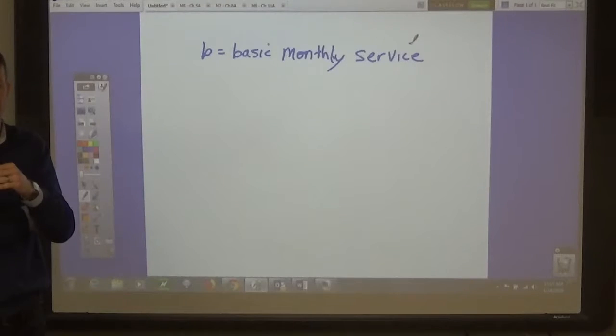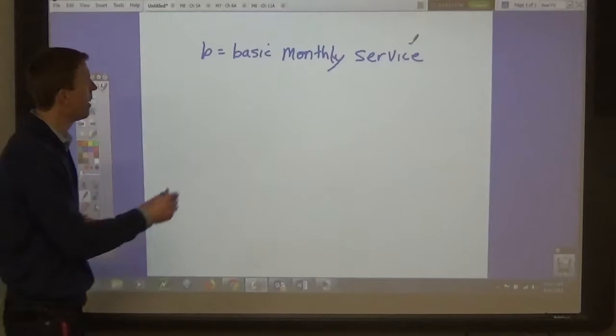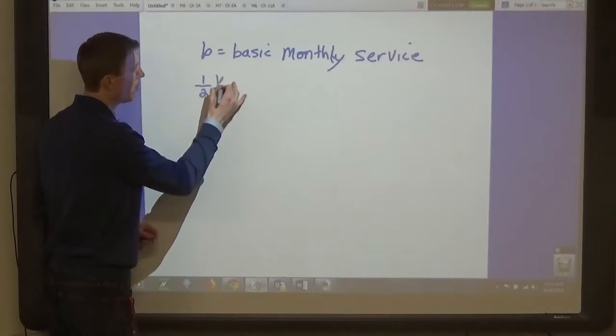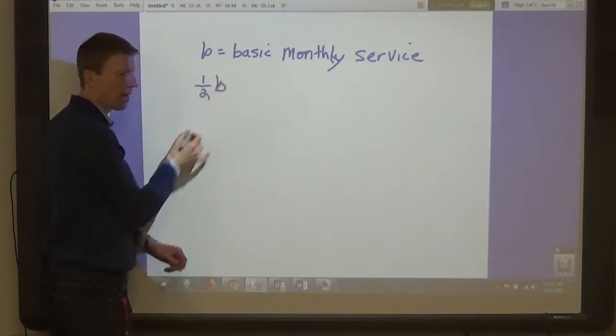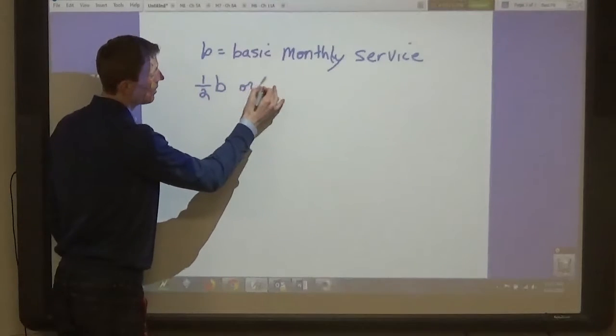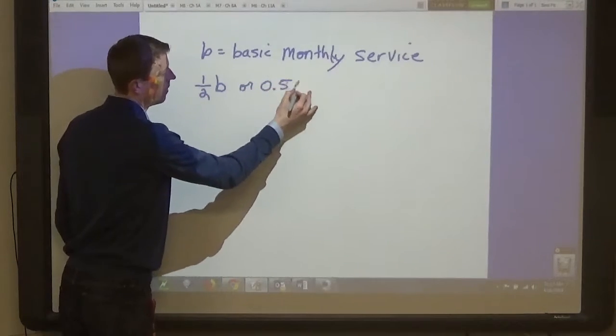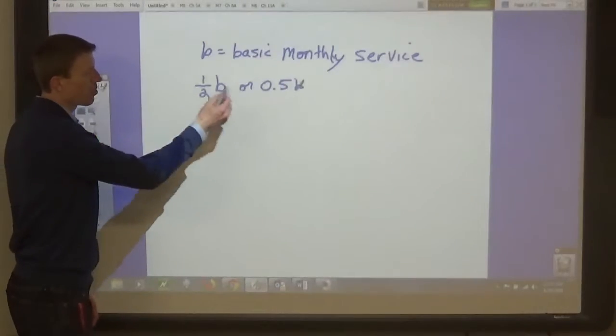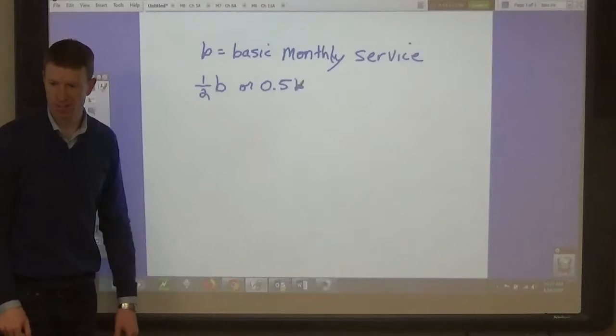Not divide, but what's the opposite of division? Multiply. Yeah, to find half of it, half of b would be 1/2 times b, or like you said, 0.5 times b. So that's how you would write the expression for half of it.